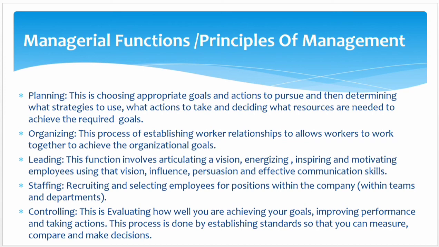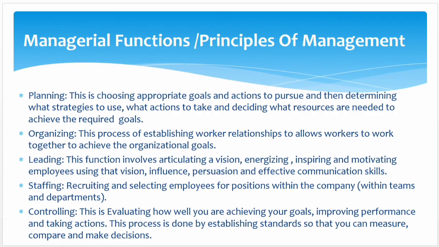So planning involves choosing goals or actions that you need to pursue and looking for ways that you will ensure that you organize your actions so that you're able to achieve those goals. So that idea of choosing an objective or an action to pursue is what we refer to as planning.